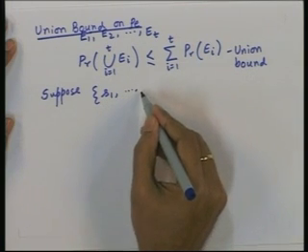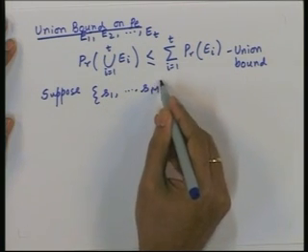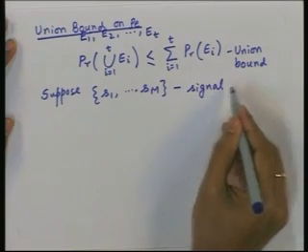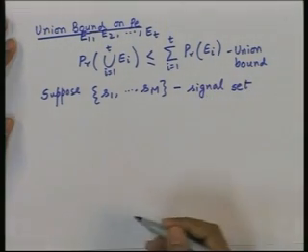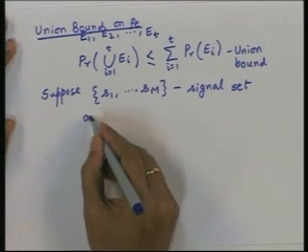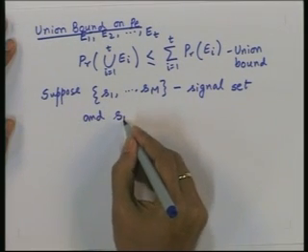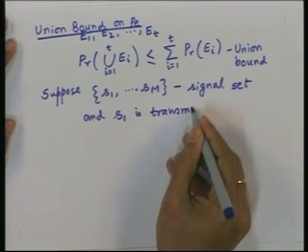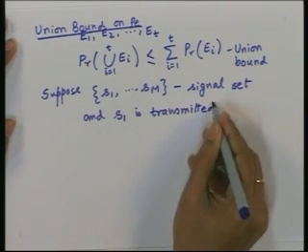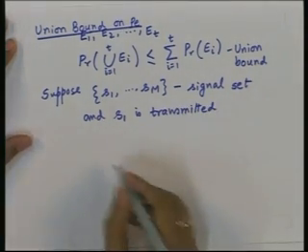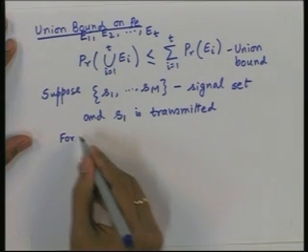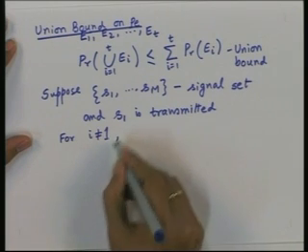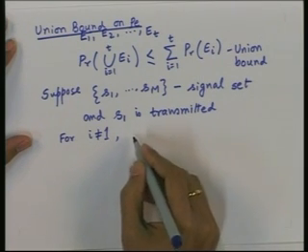And now suppose S1, S2 till Sm is the signal set, and S1 is transmitted. Now, for i not equal to 1, we define the following event.